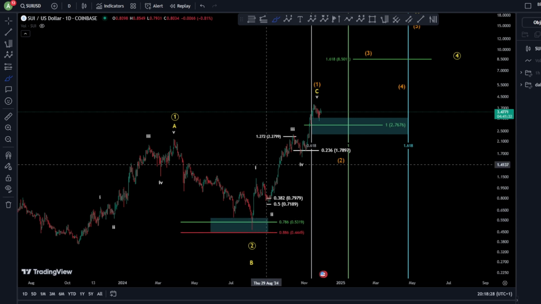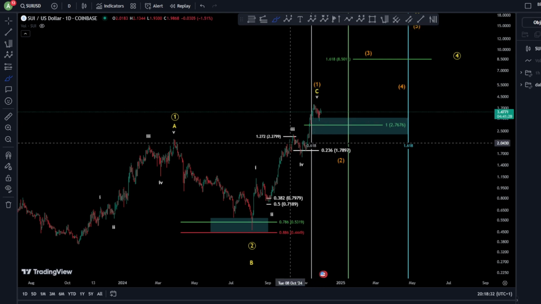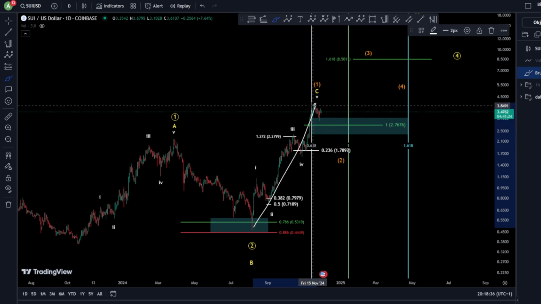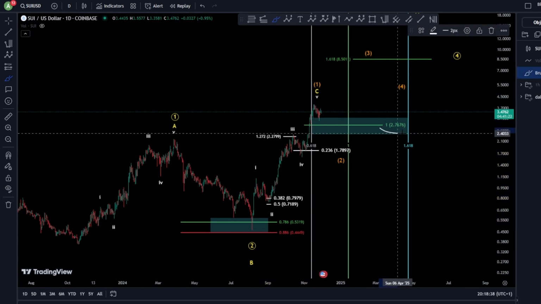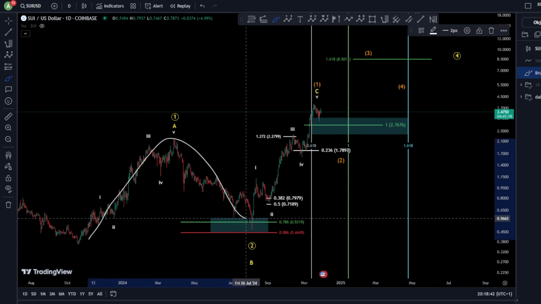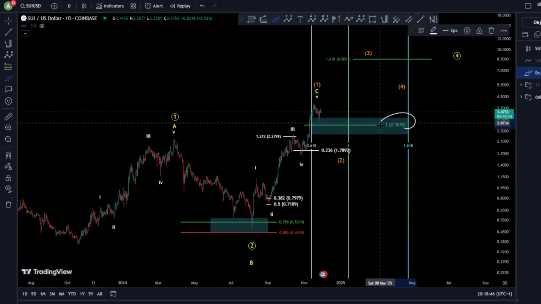The final reason for why I am with a wave 1, 2 in orange is because your wave C, in case it is a wave C, has overshot the 1-to-1 fib level taken from the start to the bottom of your wave B, giving us the fib level here as 1-to-1.